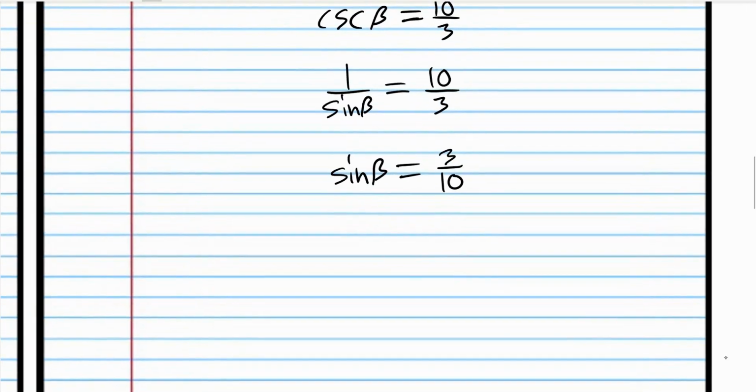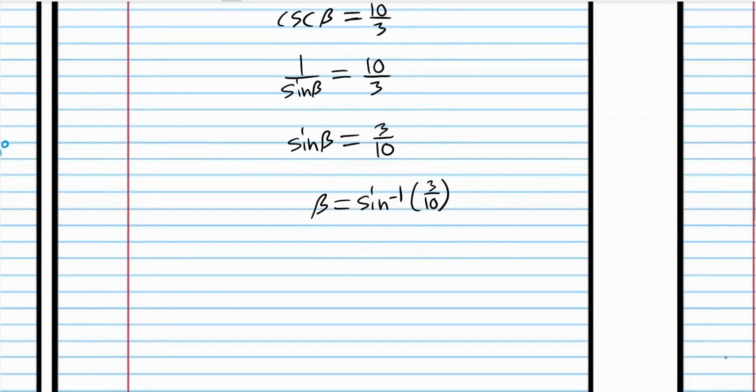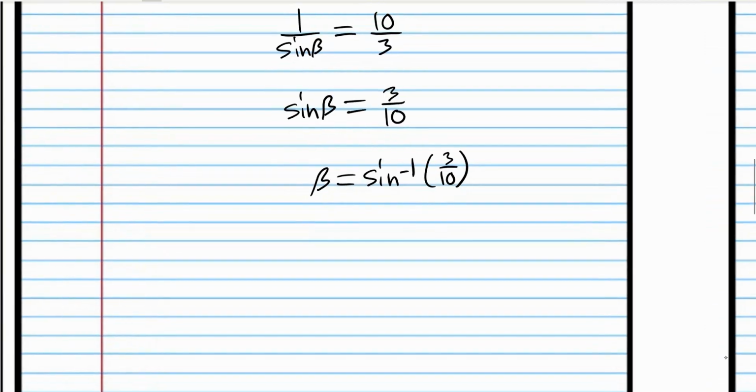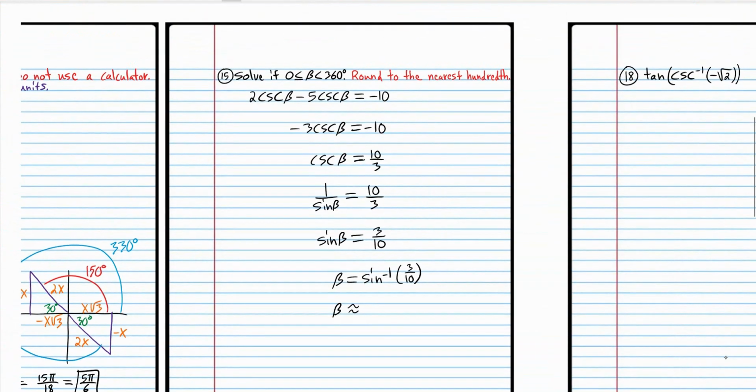So now we can use the calculator to find the angle, because our calculators do have that number. So sine inverse of 3 over 10 is approximately 17.4576. It says round to the nearest hundredth.